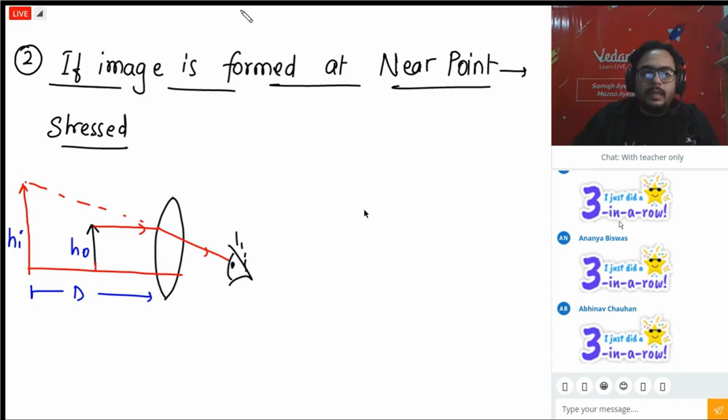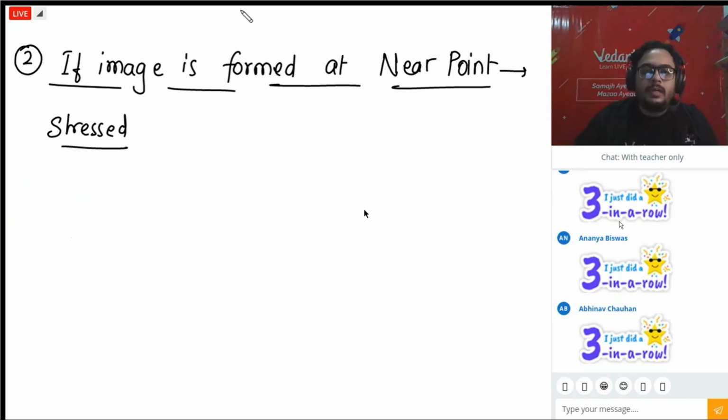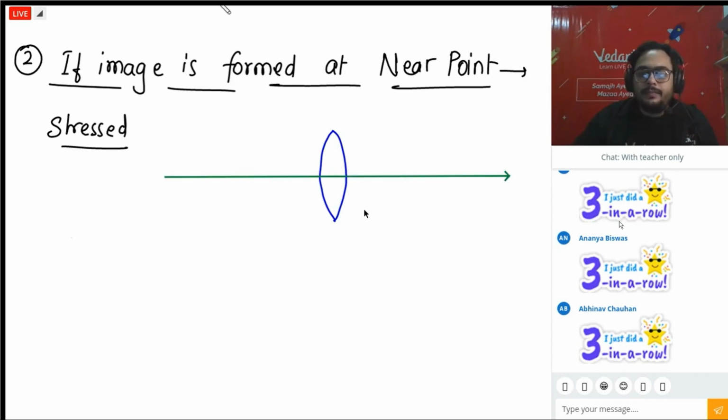Chalo, let us see it. Let us make a good diagram so you can understand. Let me make the optical axis also. Suppose this is the optical axis. Okay. This is your eye.